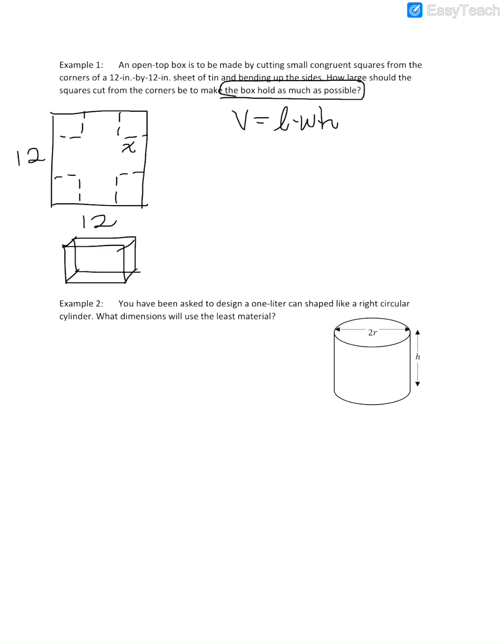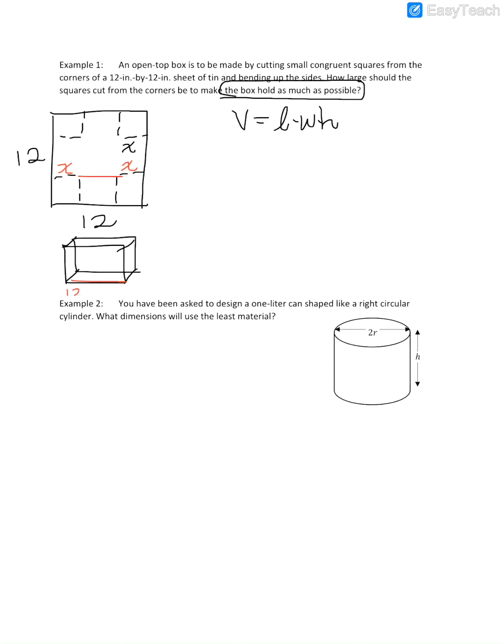Okay, so now let's think about what each of these dimensions would be. Okay, so let's start with this side right here. So this would be like maybe this when I fold that up, okay? So the length of it would be the 12 minus the 2 x's that I'm taking off of the length.